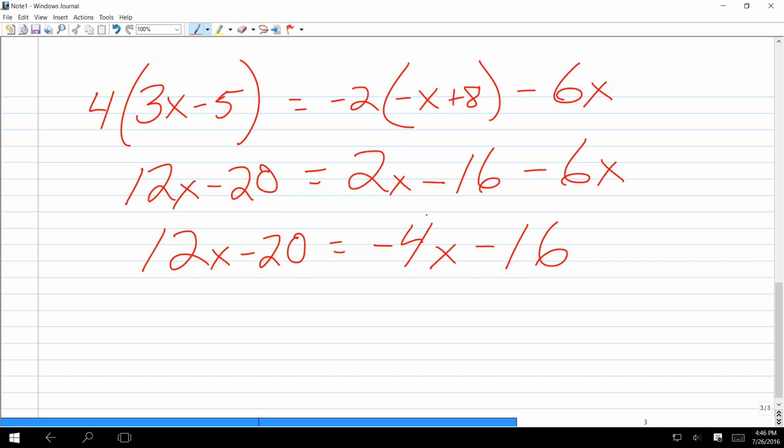So I'm going to bring this over to here, which means I'm going to bring this over to there. What's the next line going to read? It's going to read 12, no, sorry, 8x minus 36.